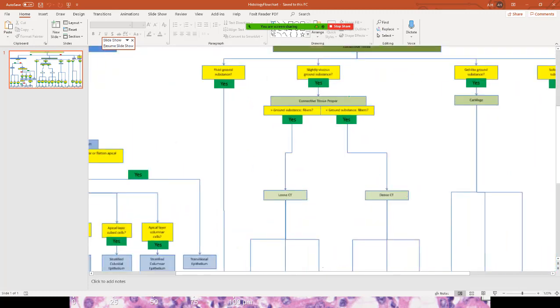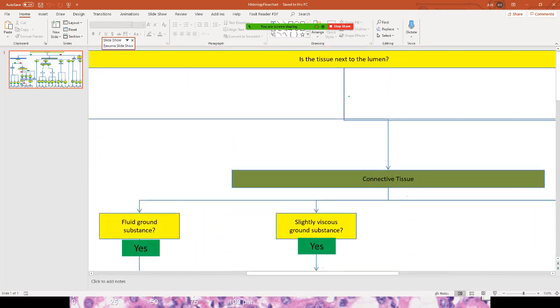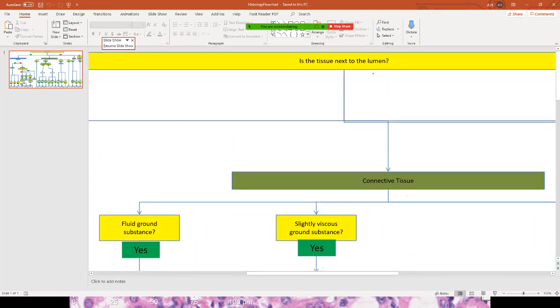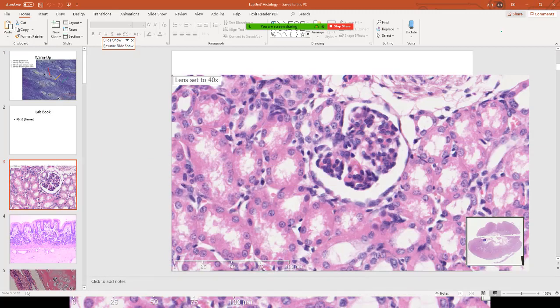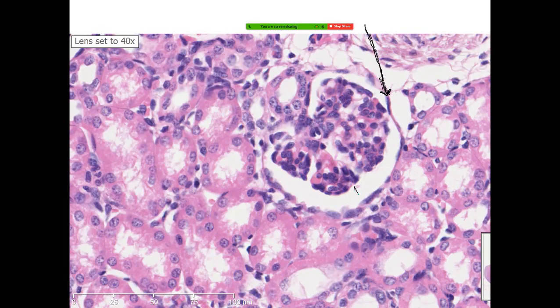So the very first question here, if you take a look, is the tissue next to a lumen? Okay, and if you take a look at this, yeah, we do see a lumen here, right? Here's the lumen right over here. Here's the lumen. Okay, and then you'll be asking different questions. If there is a lumen, most likely this is going to be an epithelial tissue. And since this is an epithelial tissue, now we've got to figure out certain aspects of it.